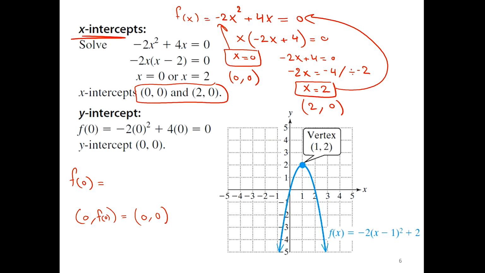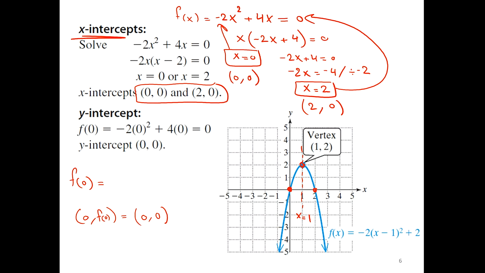Okay, look at this point. This is the vertex, this is the maximum, concave down, and the line of symmetry is at x equal 1. Look at the x-intercepts, we have 0, 0 and 2, 0.